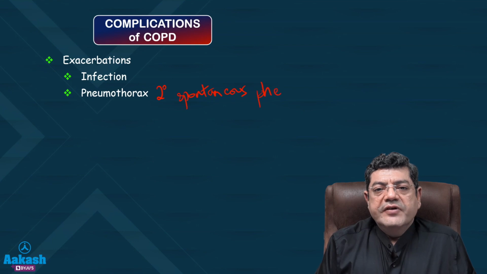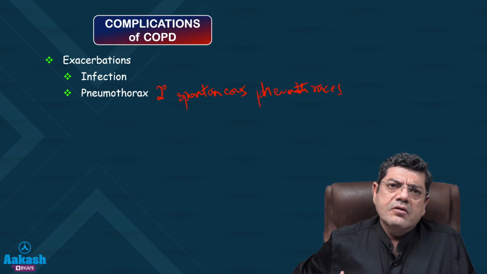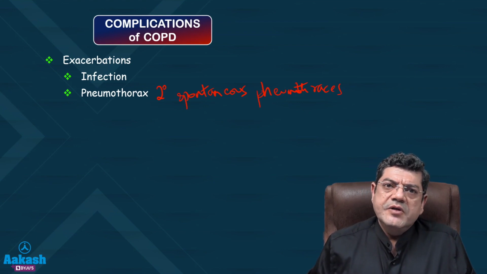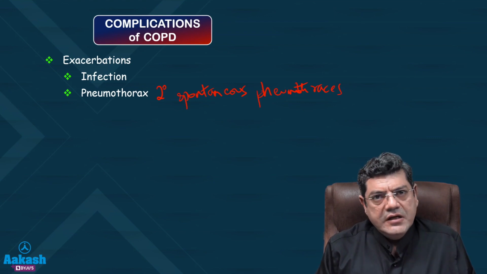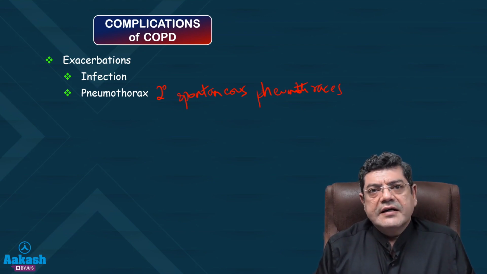They are perfectly fine one moment, they have a violent bout of cough, and they develop sudden pain on the affected side, and they will develop severe hypoxemia, they'll go into respiratory distress, they'll be rushed to the ER, and of course the findings of a pneumothorax, right?